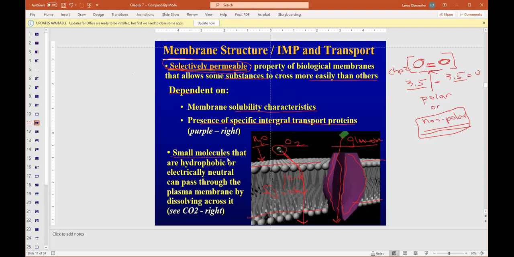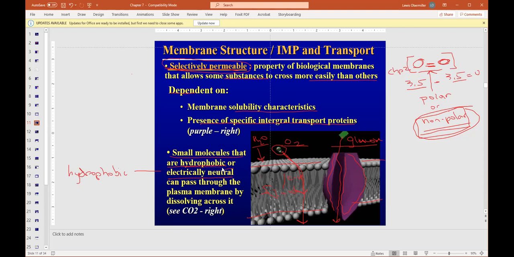So small molecules that are hydrophobic, right? Hydrophobic means they're non-polar, or electrically neutral. Remember, water cannot dissolve anything that has no charge. So anything that's electrically neutral is going to be hydrophobic, right? Because in order to be hydrophilic, you have to have some sort of charge.